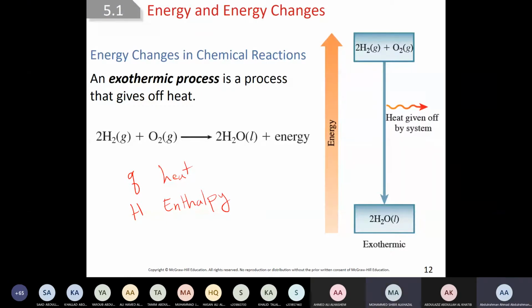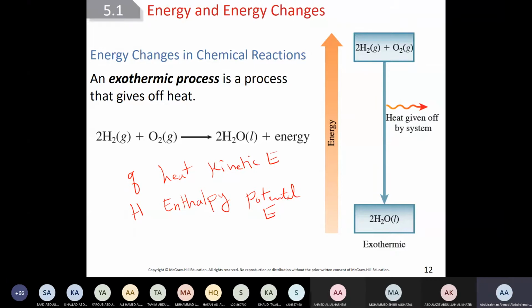The enthalpy is potential energy, and the heat is kinetic energy.